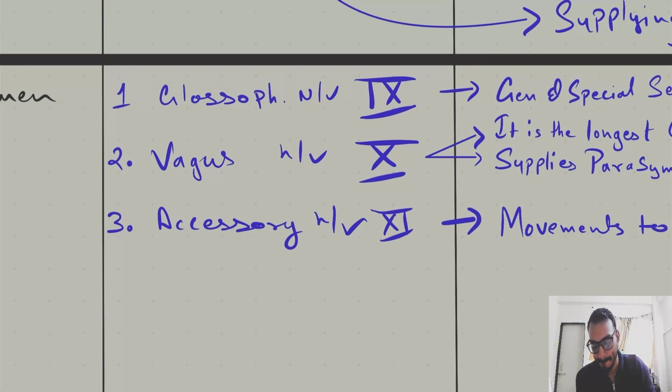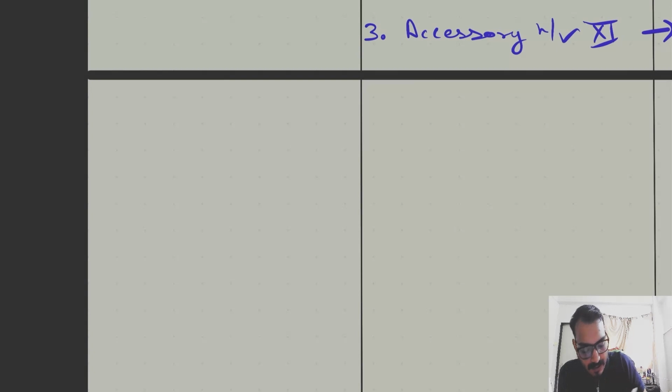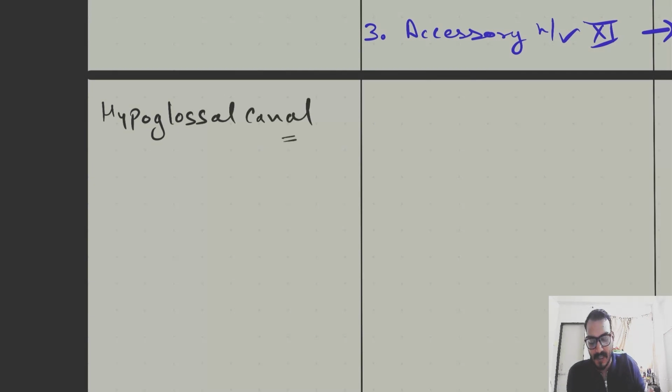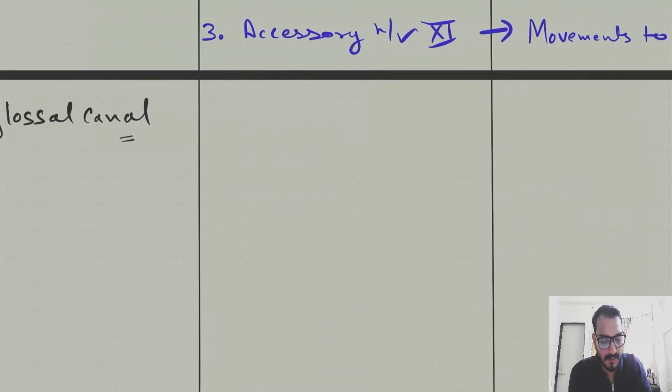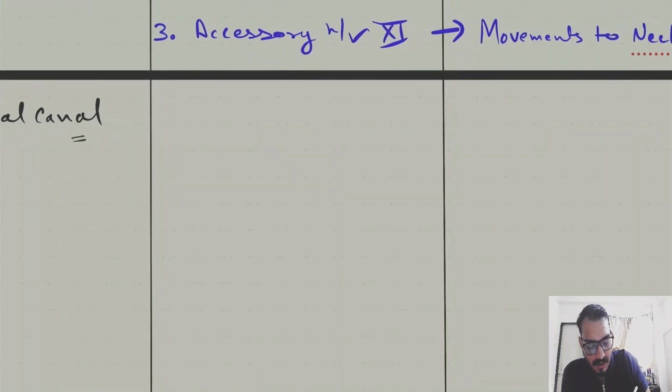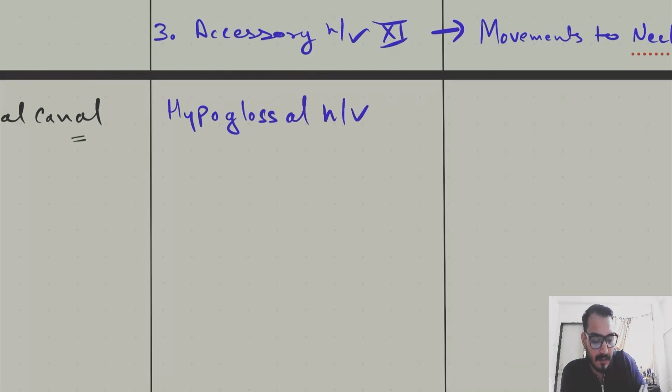Okay. Next is the hypoglossal canal. This hypoglossal canal will give a structure known as the hypoglossal nerve, which is the 12th cranial nerve or the last cranial nerve.